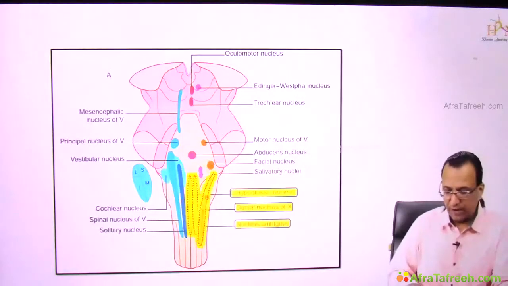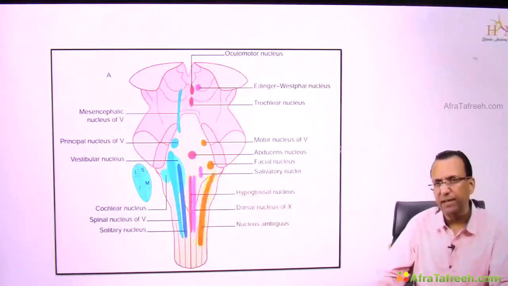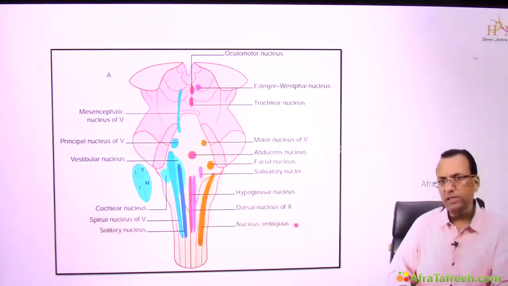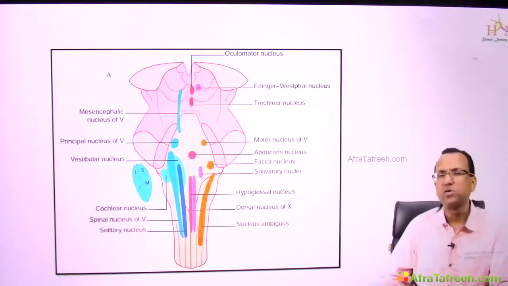Now tell the nuclei which you find in the medulla oblongata. Some of them are near the midline, some are away from the midline. So when you say so, you will find nucleus ambiguus is lateral medulla, the spinal nucleus of trigeminal is lateral medulla, and the solitary nucleus is lateral medulla. But why do you want to know the nuclei in the lateral medulla?